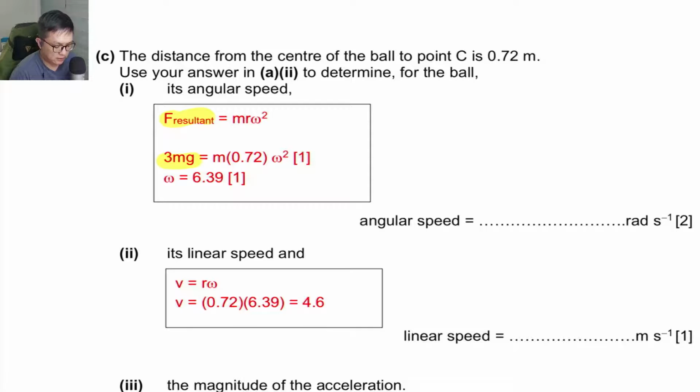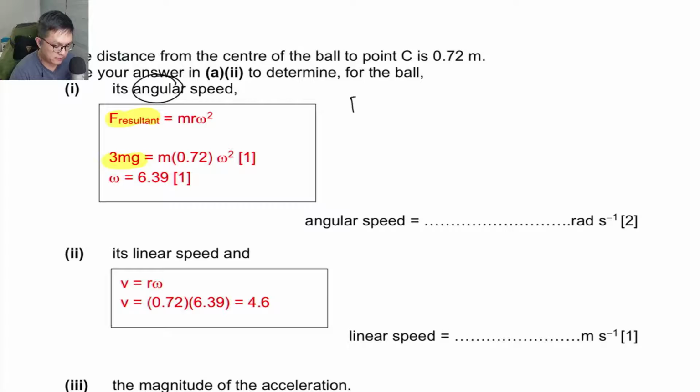I think this one was okay. Some of you just made a careless mistake, because you did not understand what angular speed is. You did not see the meaning of this word here. You use Fc equals mv squared over r and work out v, but v is actually your linear speed. So just be careful.